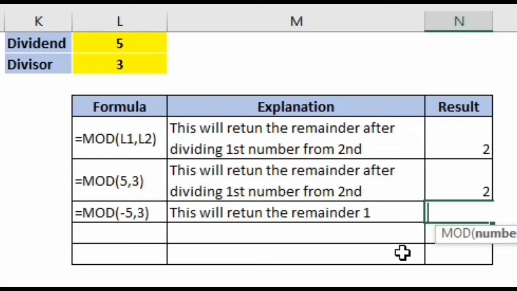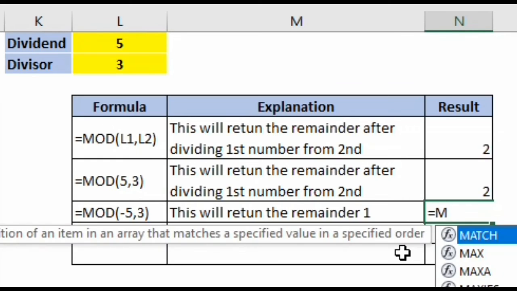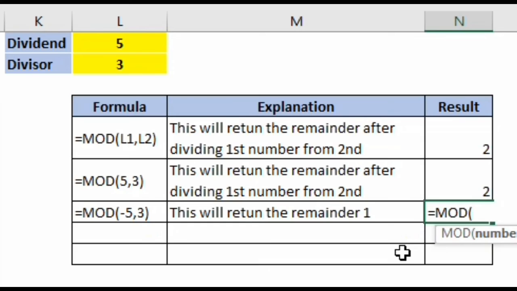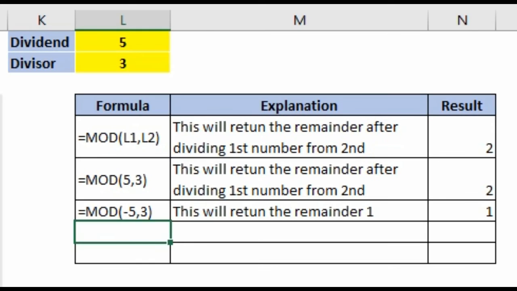Since the divisor is positive in this case, the remainder will be positive 1. Let us quickly verify the result. We'll type equal to MOD and pass the numbers -5 and 3 to check the result. So here we get 1 as our result. Now let's move on to our next option, where we will pass a positive number as a dividend and a negative number as a divisor.